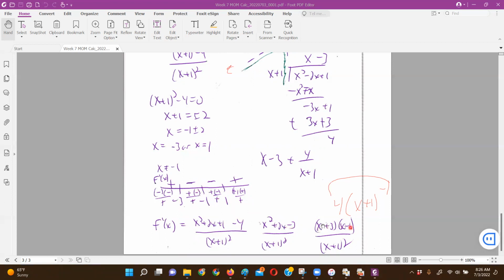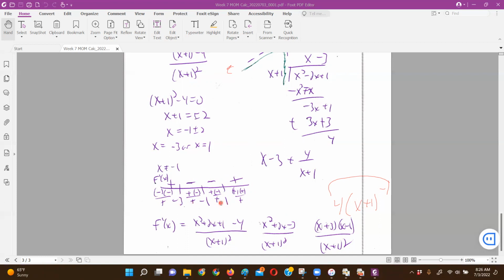So it's negative again. And then greater than 1, that's positive, everything's positive. So what I'm seeing is this function is increasing from negative infinity until negative 3 and from 1 to infinity, and it's decreasing between negative 3 and positive 1.